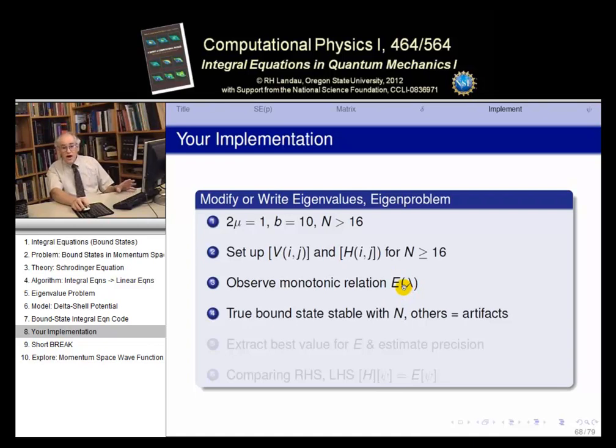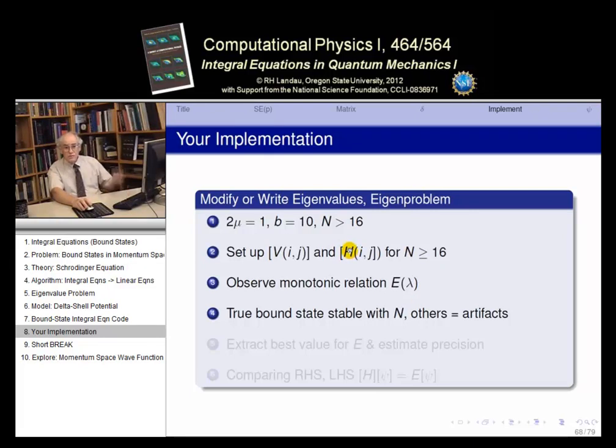And you'll find, especially if you search for the zeros of the determinant, you may find a number of eigenvalues which are not true eigenvalues of the problem, but are sort of numerical eigenvalues only. In other words, as you change the number of grid points, as you make the matrices larger and larger, you increase the precision of the problem.